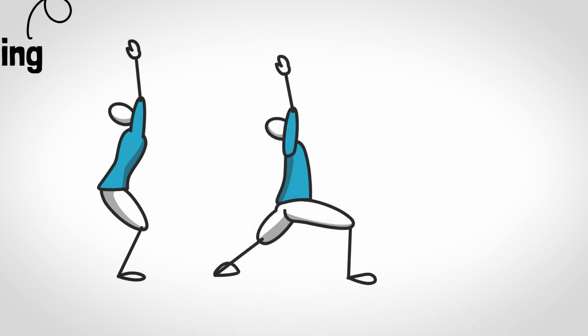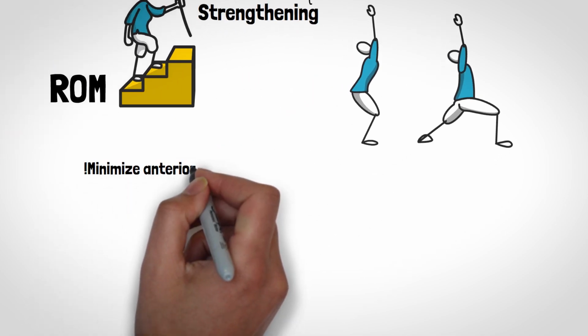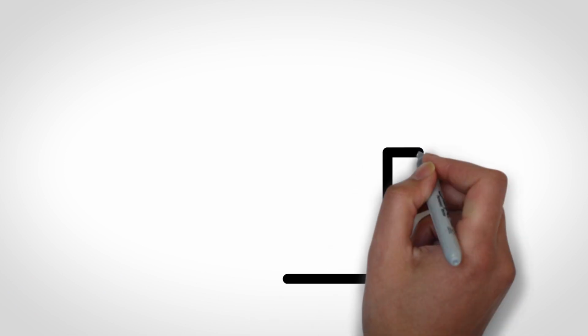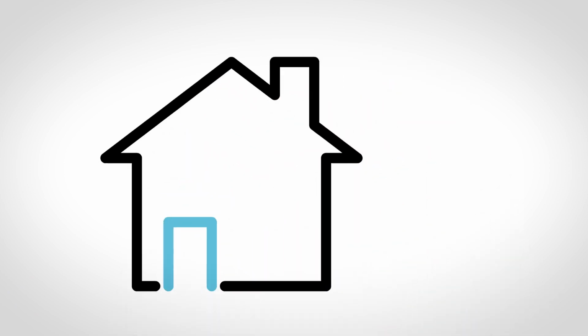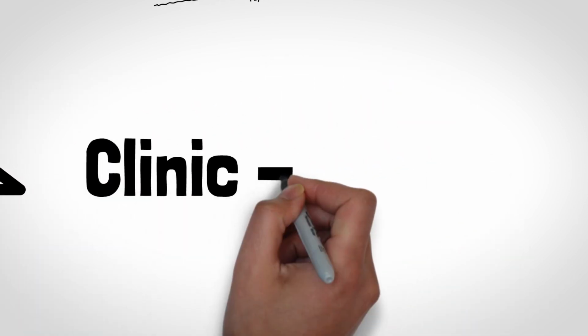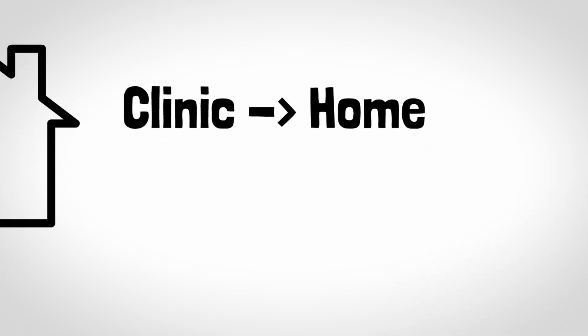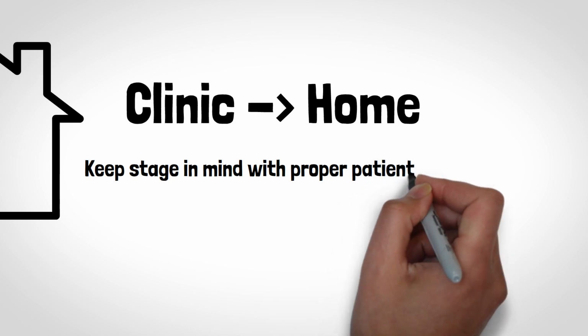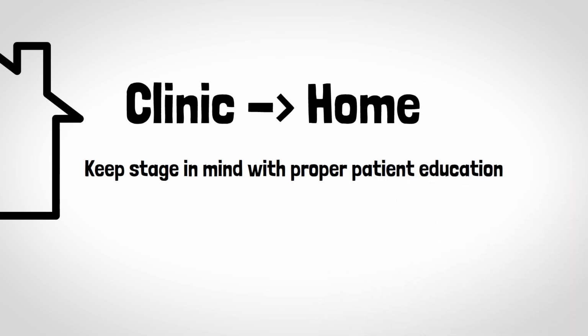The reason we do closed chain exercises is that they minimize anterior translation of the tibia and are more functional for the patients. Home care should include everything you're doing at the clinic: range of motion, strengthening, anything that's functional for their appropriate stage, and a lot of patient education because you still want to be protecting that graft.